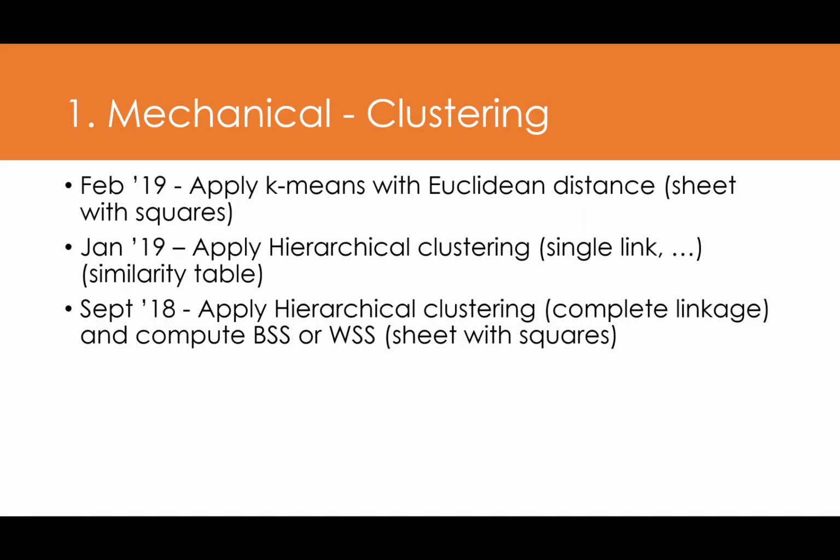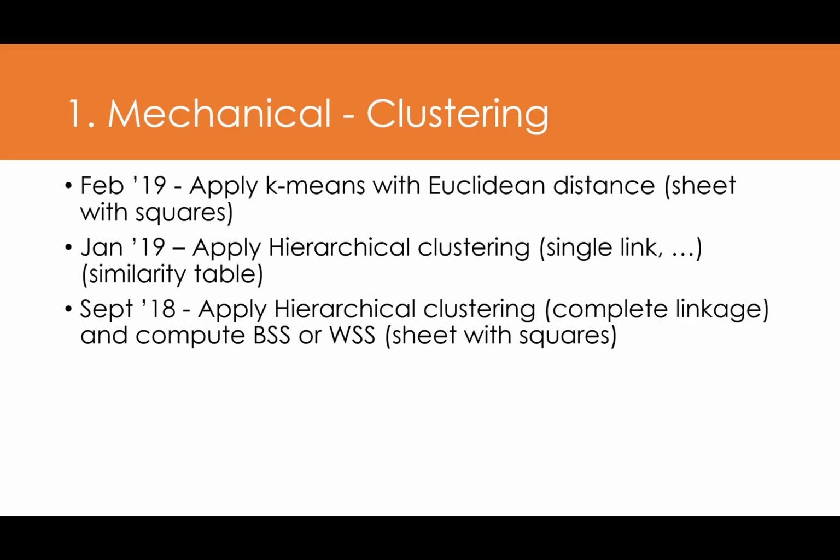Another type of mechanical exercise that is frequent is the clustering one, in which you have to apply the hierarchical clustering most of the times, but sometimes also k-means was asked. And for the hierarchical clustering, we have 2 types of exercise. In one, you have the squares on the sheet, and you need to plot every point, as it was the case of the last exam.